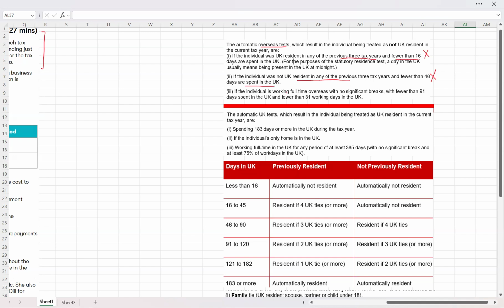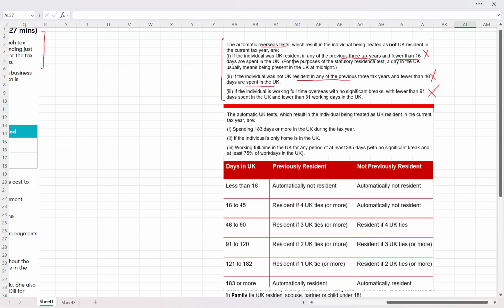If the individual is working full-time overseas with no significant breaks, this is also not correct because Dill was not working overseas. Just to get through these points, this gives you good revision as well. I hope we are comfortable with the automatic overseas test.